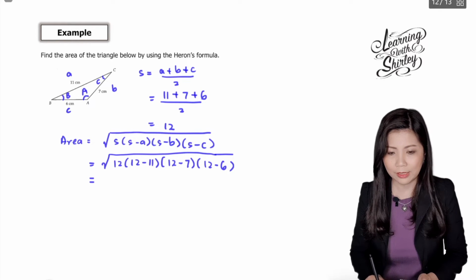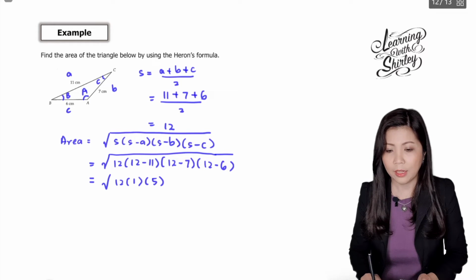Let's calculate this. So this is 12, and then 12 minus 11 is 1, 12 minus 7 is 5, and 12 minus 6 is 6, and we square root the whole thing again.